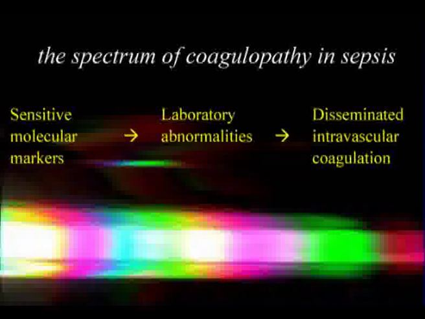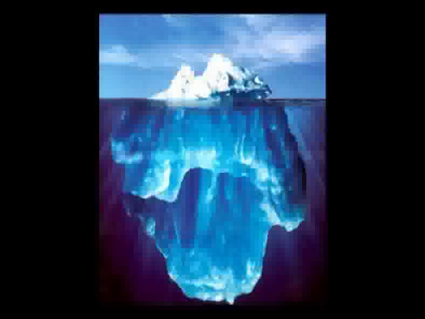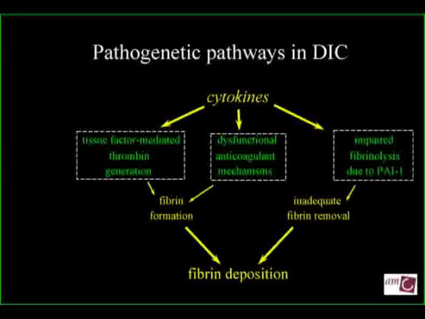And in its most severe form, we speak about disseminated intravascular coagulation. Actually, what we see in our laboratories is the tip of the iceberg. There's much more under the surface going on in these patients, and this may contribute to organ dysfunction, to outcome, and even mortality.